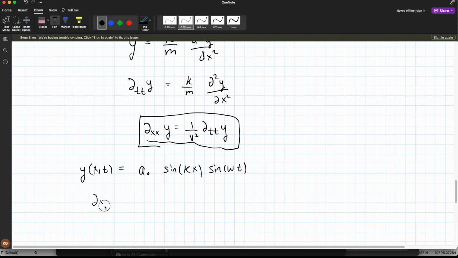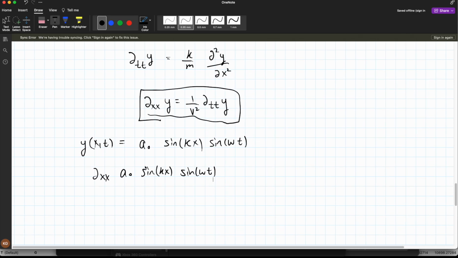So let's plug this potential solution, maybe it's wrong, into our equation. So d_xx acting on a naught sine kx sine omega t. Well, you might remember from calculus that the second derivative of sine is just another sine, but it pulls out the coefficient inside, and you get a minus sign.